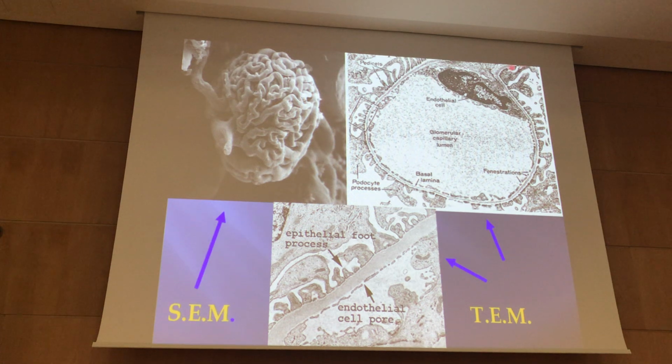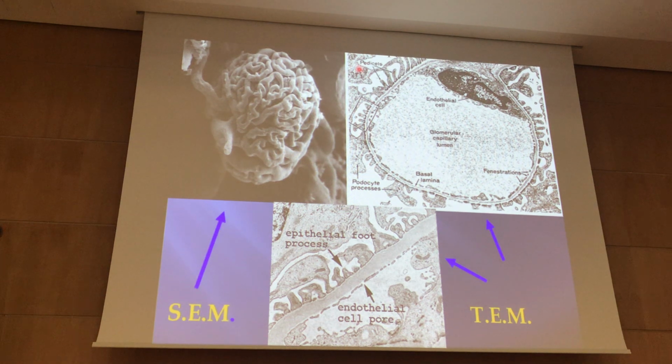Now this is a basement membrane, right? This is basement membrane, and on the outer side it is visceral epithelium, not parietal, visceral. So visceral epithelium is holding the blood vessel from outside. Endothelium is holding from inside. Endothelium has fenestration.